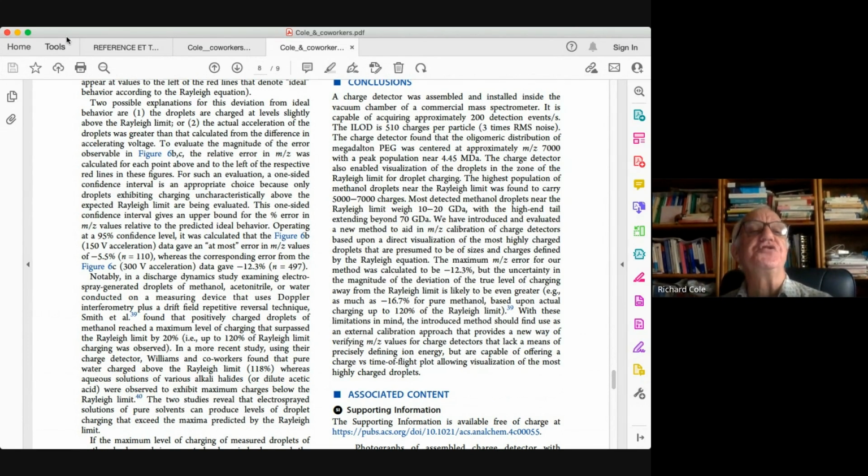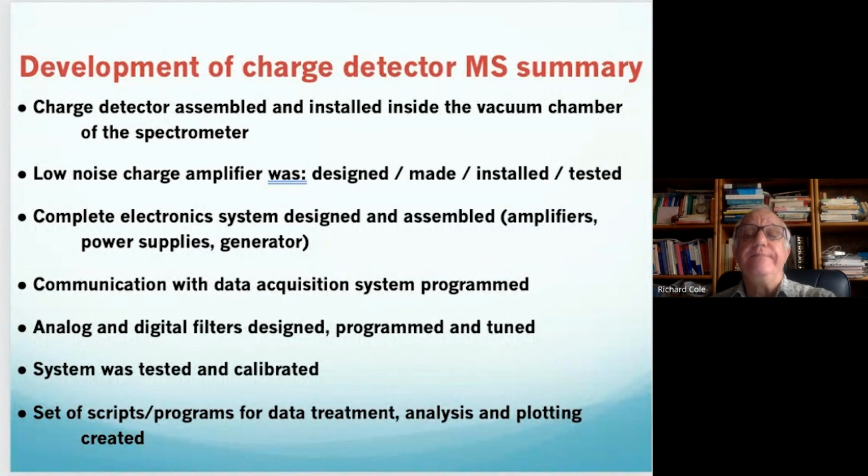We have assembled and installed inside the vacuum chamber of an old triple quadrupole a charge detector equipped with a low noise charge amplifier. It has a complete electronics system that we designed and assembled based on the Furstenau and Benner design.